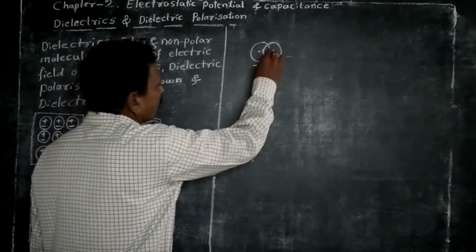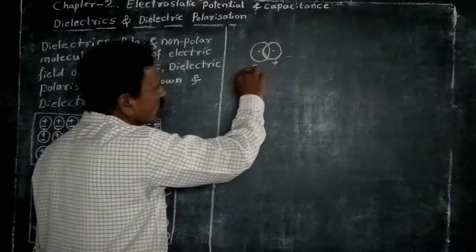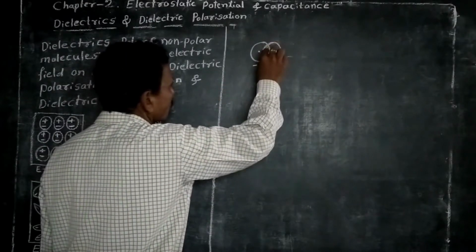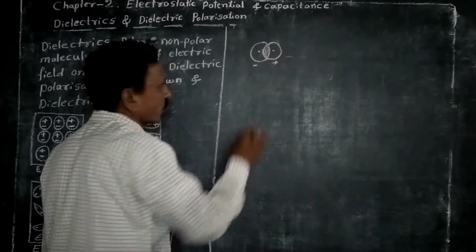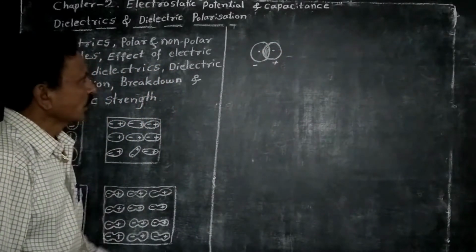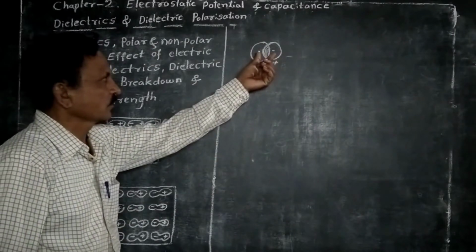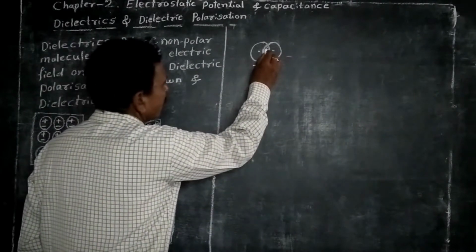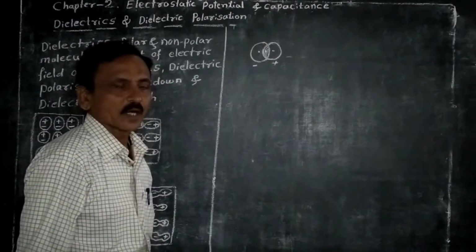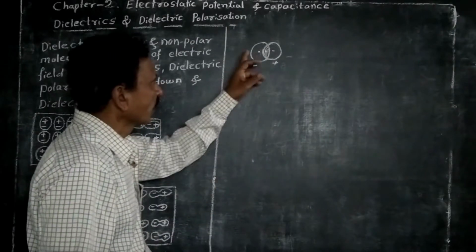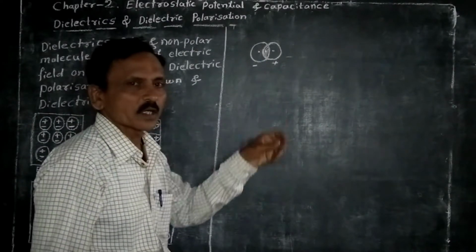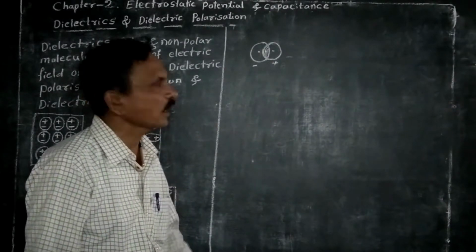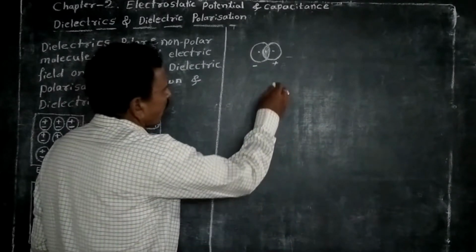Therefore, the clouds of negative and positive charges overlap. The common center for negative and positive lies in between them, and we suppose that the negative charge and the positive charge are coincident.